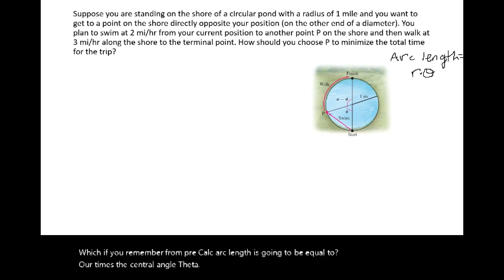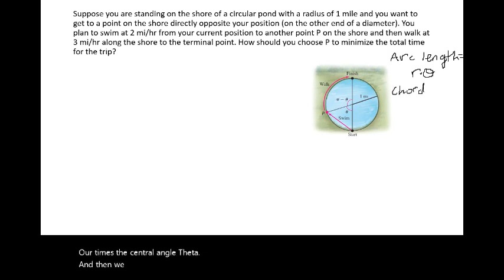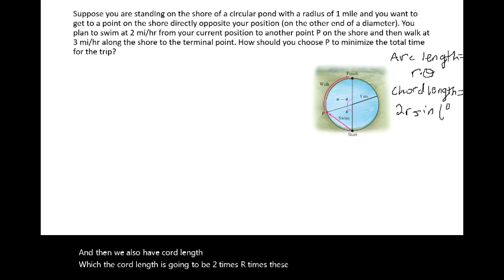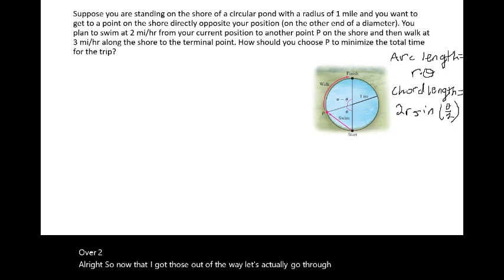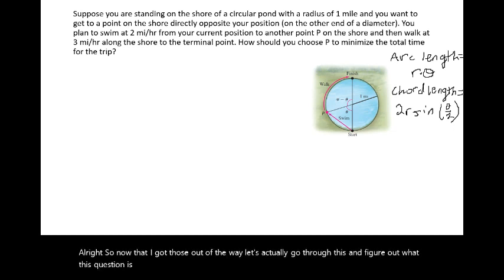And then we also have chord length, which is going to be 2 times r times the sine of theta over 2. All right, so now that I got those out of the way, let's actually go through this and figure out what this question is asking and what we are supposed to maximize or minimize.